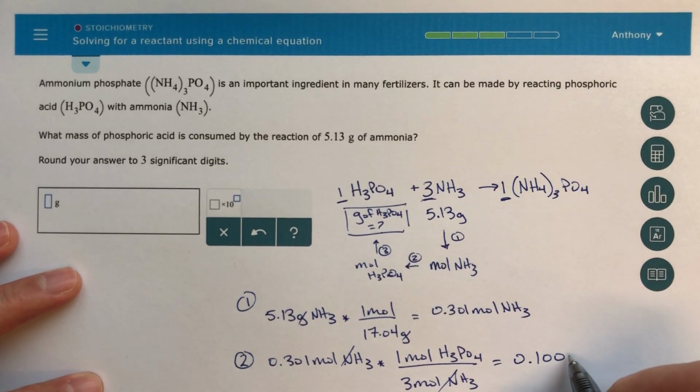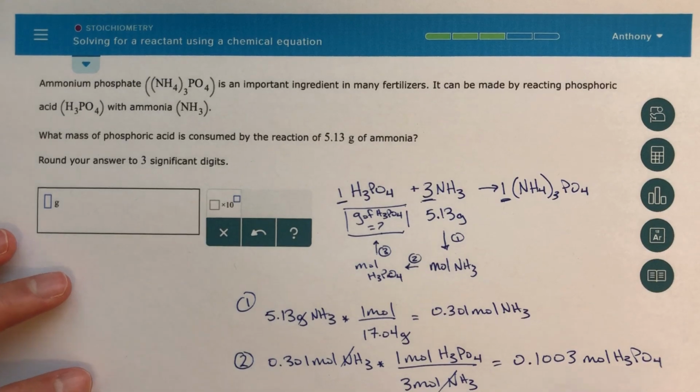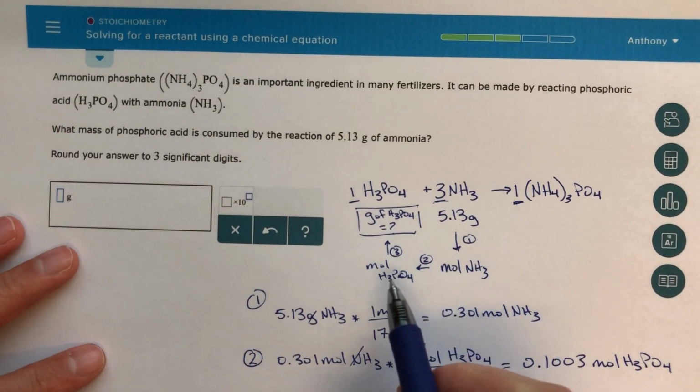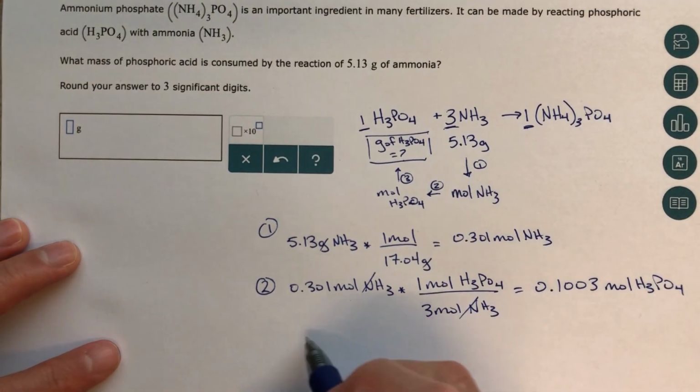0.100, I think it's 3, showing that extra digit. We would round this to 3 sig figs, right? But we want to carry all those digits as we're doing our calculation. 0.1003 moles of H3PO4. And then in the last step, we're just going to convert from moles back to grams. Let's move this up a little bit.